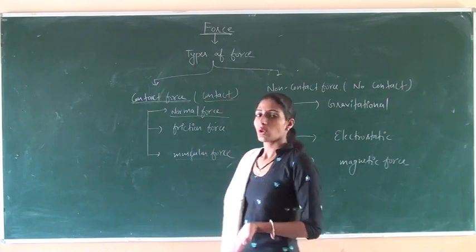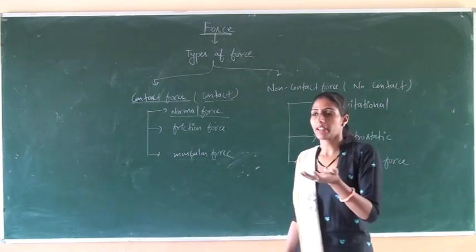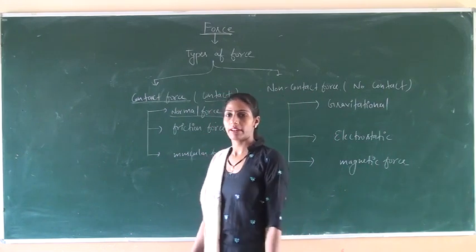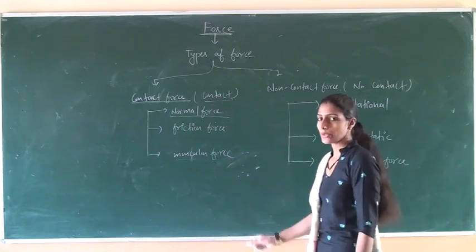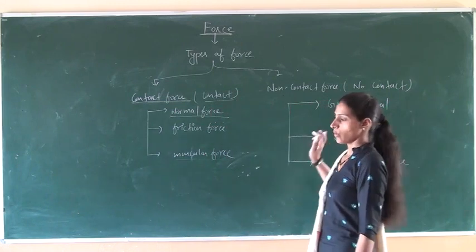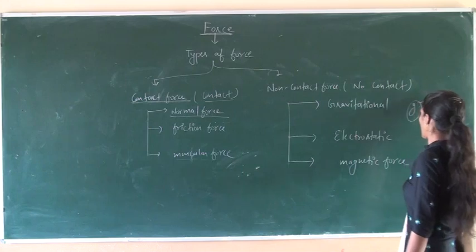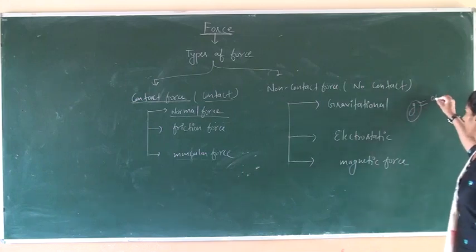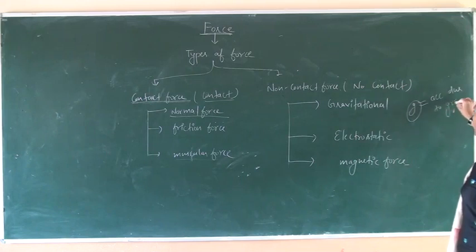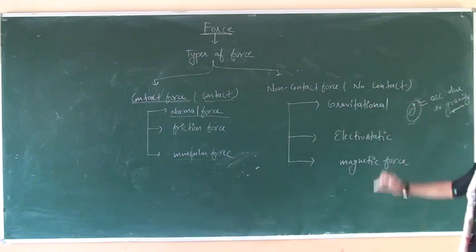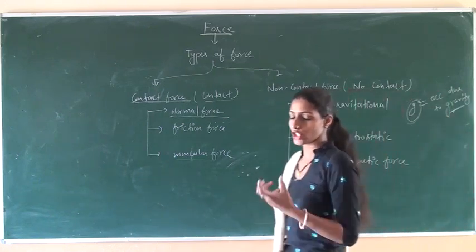When we throw any object in our atmosphere in an upward direction, it will come back to our earth due to the earth's gravitational force. Small g is the acceleration due to gravity, which is exerted by our earth. Due to this gravitational force, our earth attracts every object towards it.